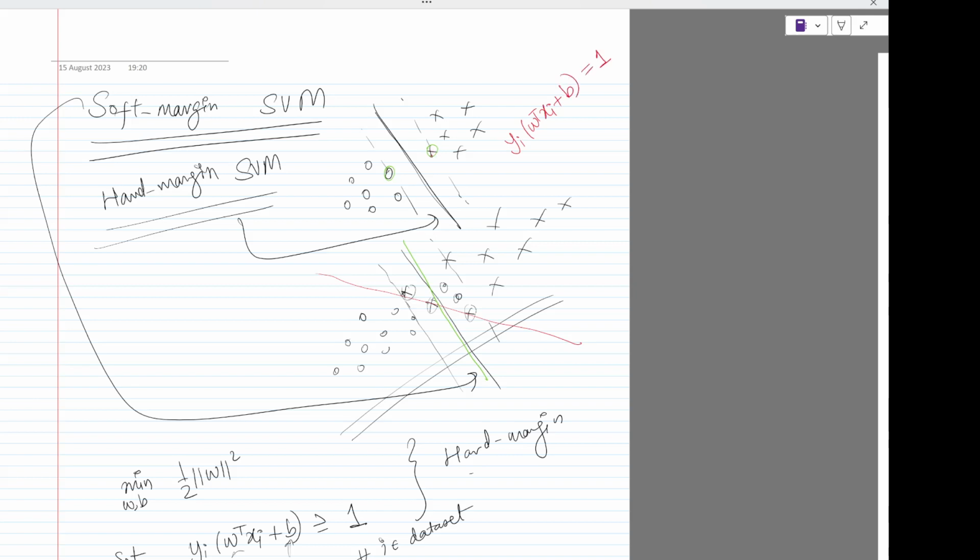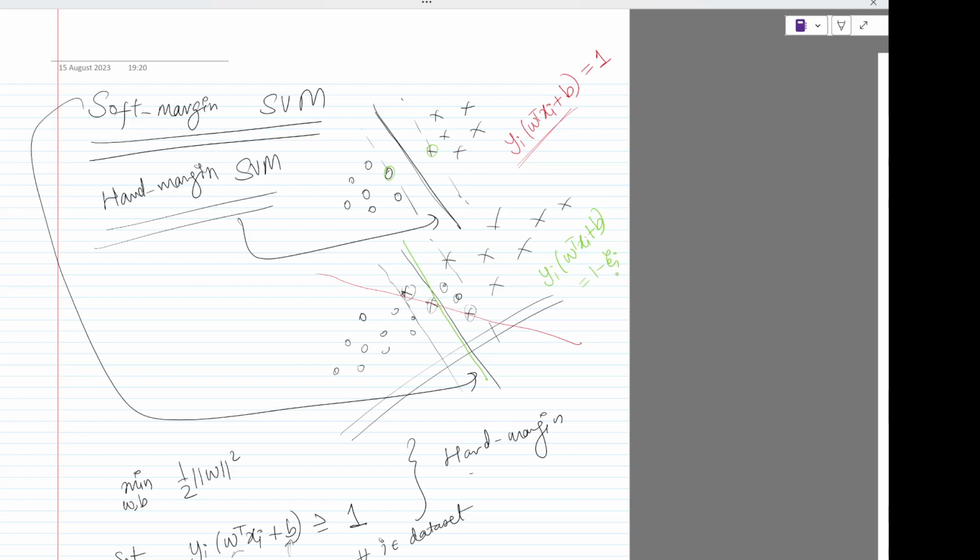That is, if it is in this class, this value is equal to 1. If it is here, this value is also equal to 1, for your hard margin case. When I have done the same thing, yi w transpose xi plus b equals 1 minus psi i.